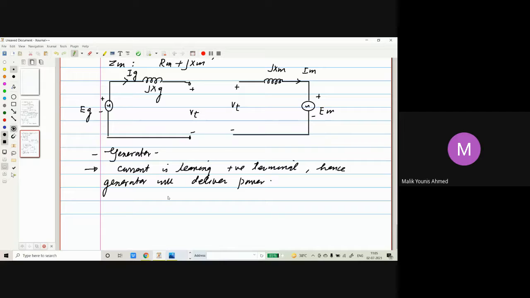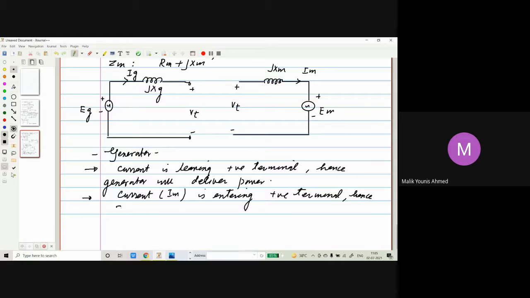So current in case of motor, current Im is entering the positive terminal, hence what's going to happen?